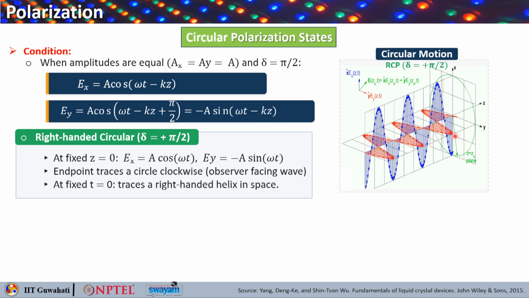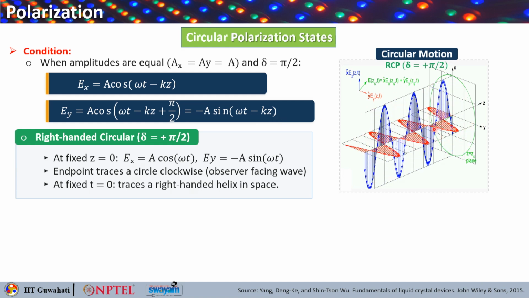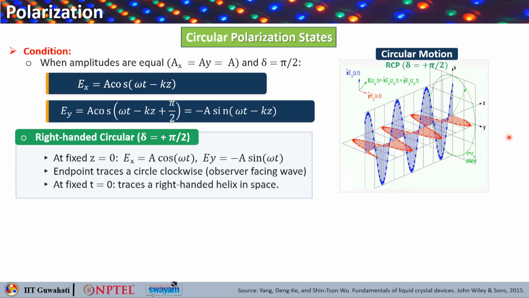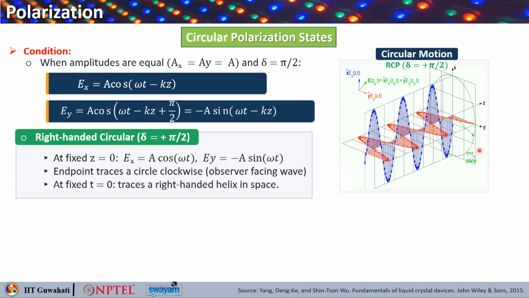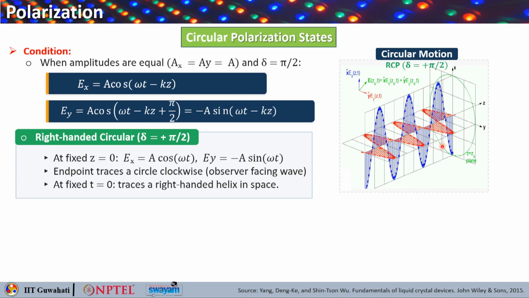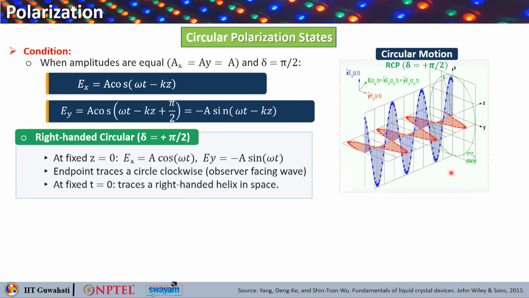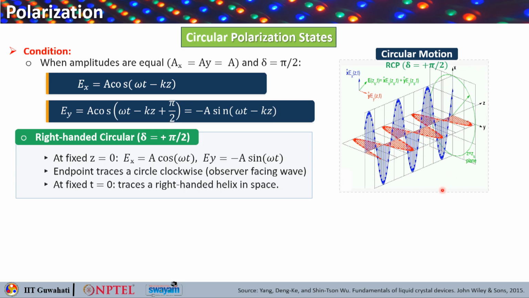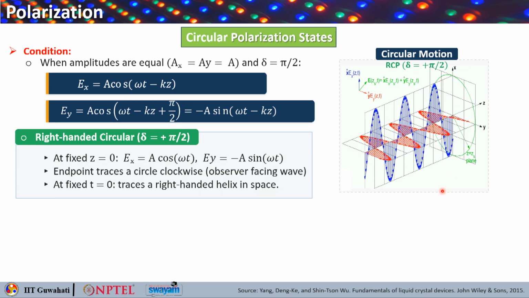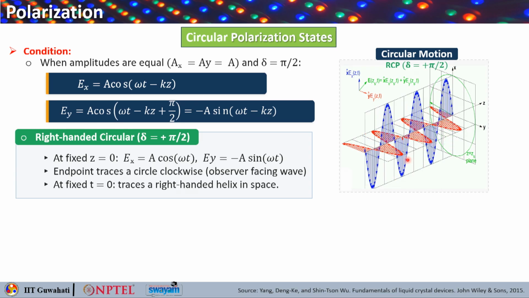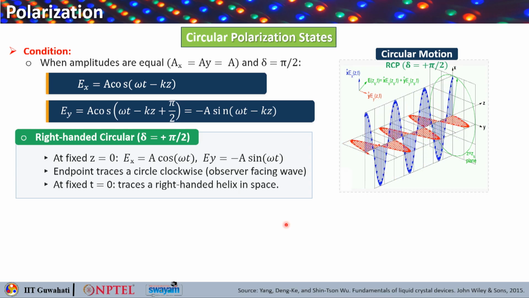So, here you can see the equivalent electric field vector is basically tracing a circle on this xy plane, and it is rotating in the clockwise direction when the observer is facing the wave. So, you can basically tell that this is a right hand circular polarization, right.